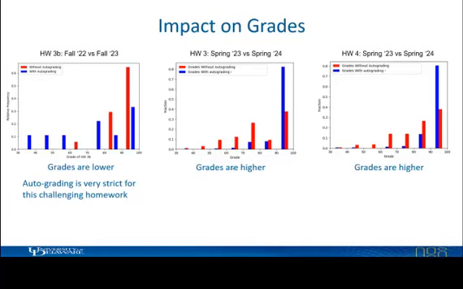These two homeworks were fairly straightforward, and this homework is quite challenging, and the auto grading is very strict. When the manual grading was grading this problem, the students were close enough on these challenging problems, so they were given high points. In any case, the impact on grades is going to be mixed because it's really a different situation.